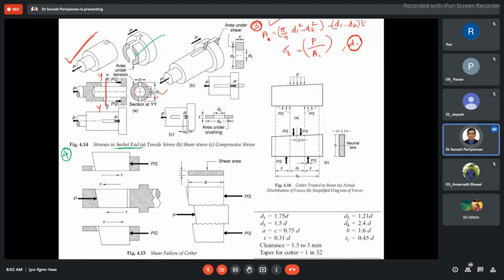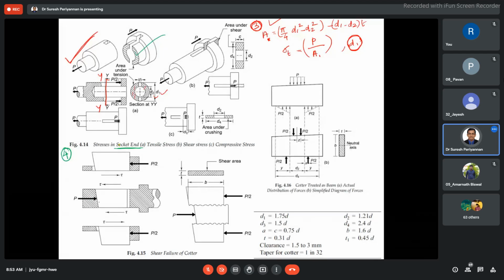The quarter is going to have a failure on both sides. The quarter is inserted inside the slot while the socket and spigot are inserted. Through the common slot, the quarter is inserted.